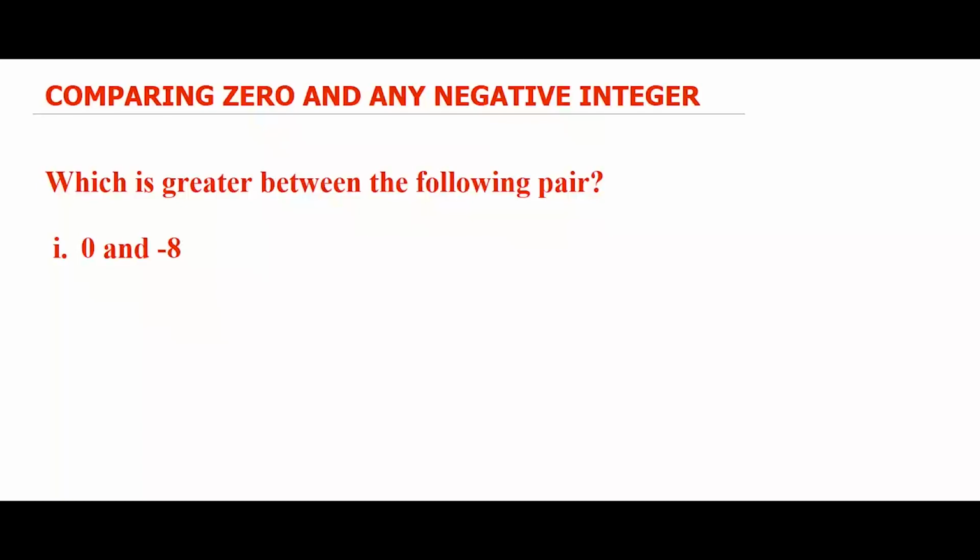Let's look into another one, comparing 0 and any negative integer. If you are comparing 0 with any negative integer, 0 is always greater. So 0 is greater. If you use the concept of number line, you will see that 0 is here and -8 is here.